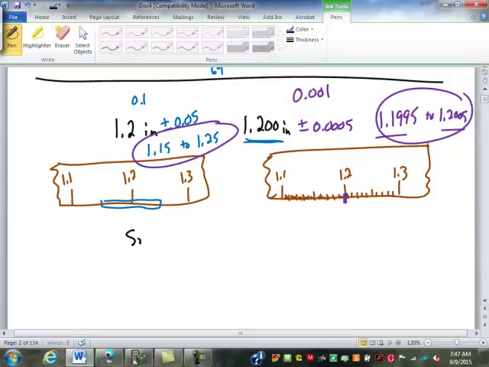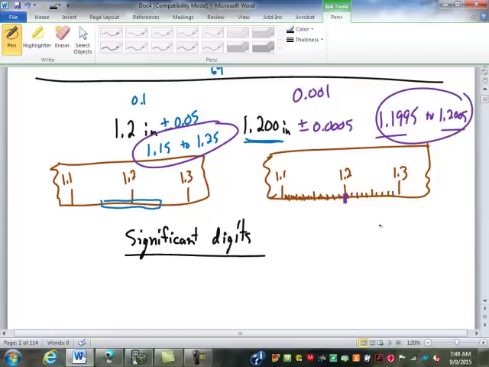This is something we call significant digits. The significant digits tell us something about our measurement. Now, the word significant can be a little bit tricky because the things we're looking at here are all important. We're used to the word significant meaning important or useful.